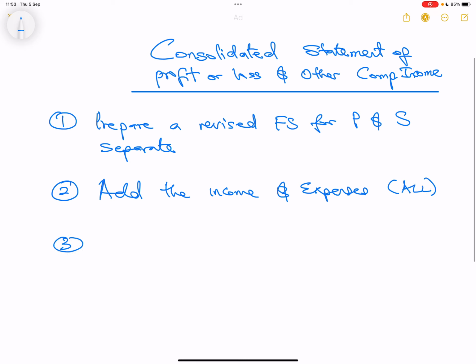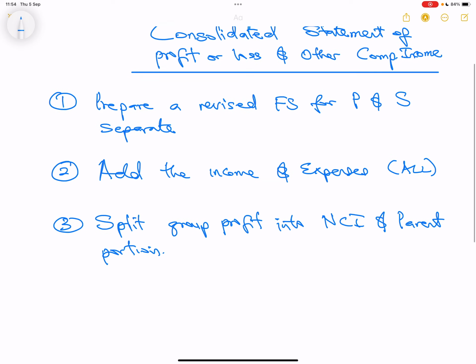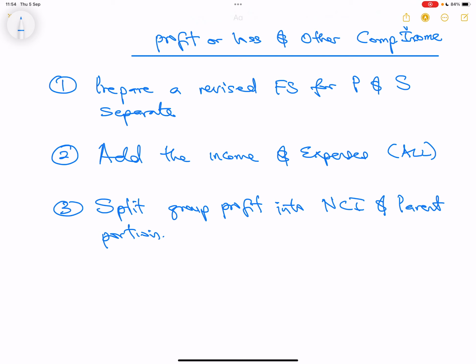And the last step is to split the group profit into NCI portion and parent portion. Right. So now what we want to do is to explain to you how you do each of these. So this is just the 3 steps.